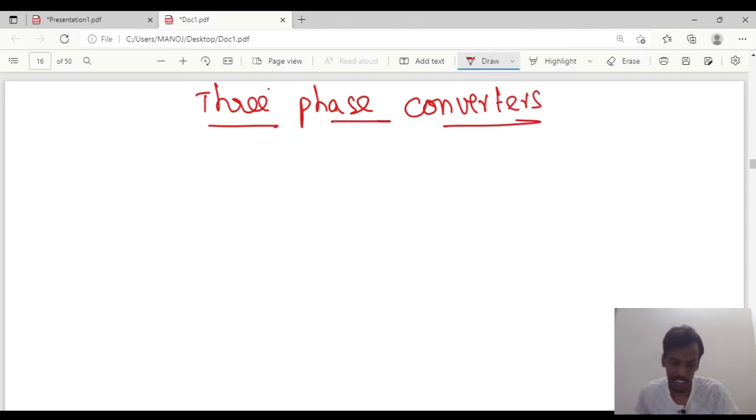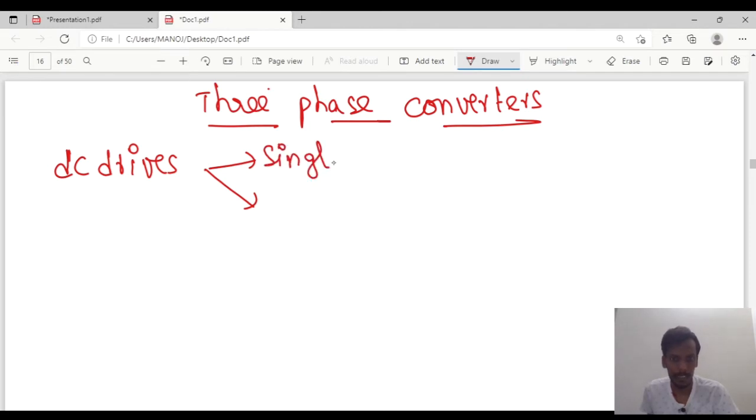For three-phase converters, controlled DC drives can be categorized into two ways, depending upon the supply: single phase as well as three phase.